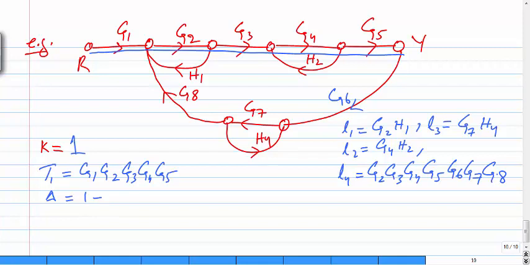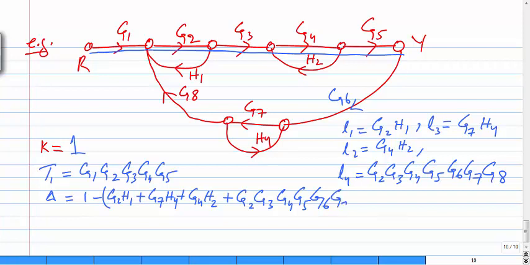Now we have 4 loops. We just plug in the values: for loop 1, G2 H1, plus G7 H4 plus G4 H2 plus G2 G3 G4 G5 G6 G7 G8.